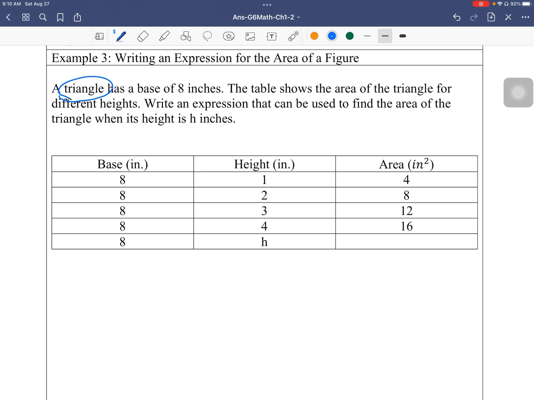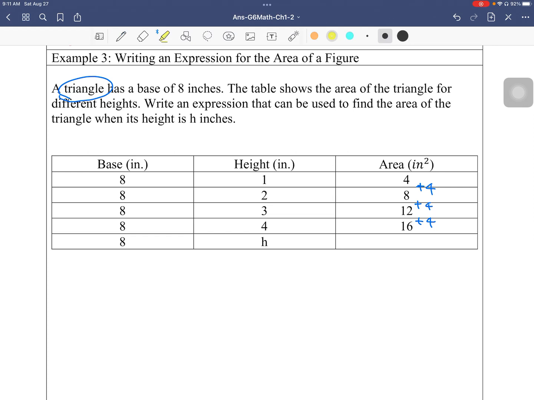When the height is 1, the area is 4. If the base is 8 and the height is 2, the area is 8. So every time we can see that it goes 4, then 8, so it's plus 4, plus 4, plus 4.